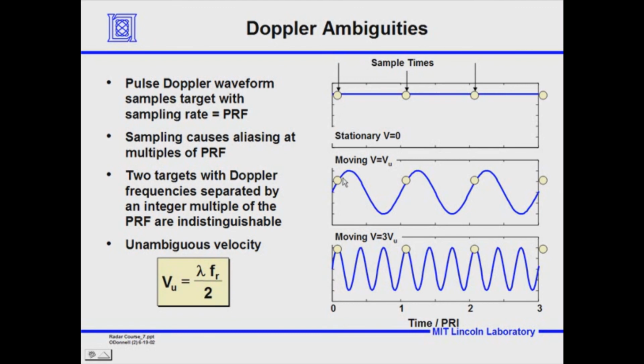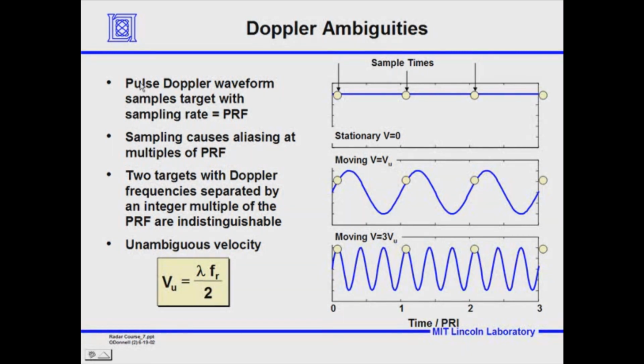So it appears as though a target that's moving at this unambiguous velocity, which is lambda times the PRF divided by 2, isn't moving at all, or at 3 times the unambiguous velocity.